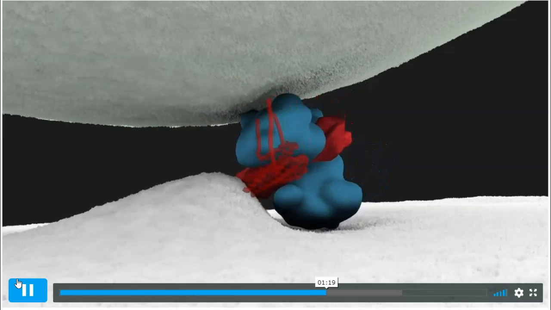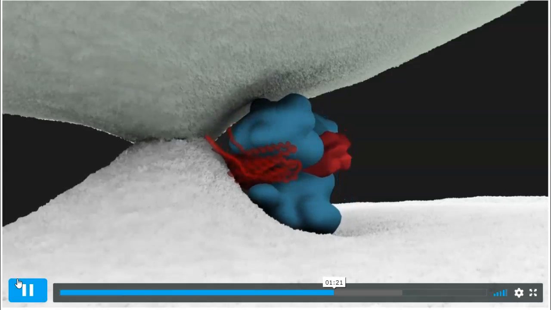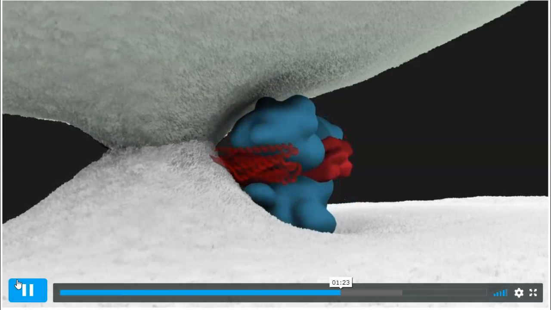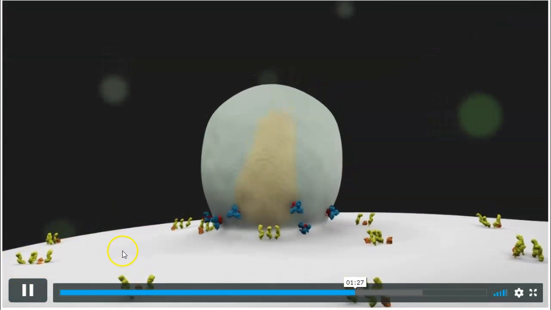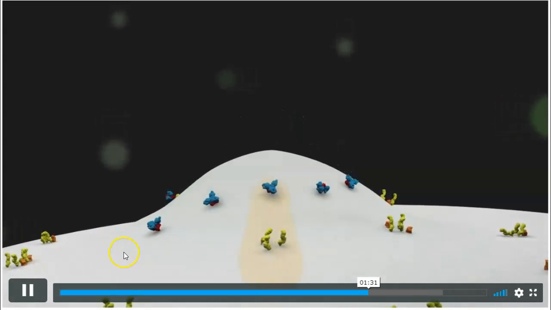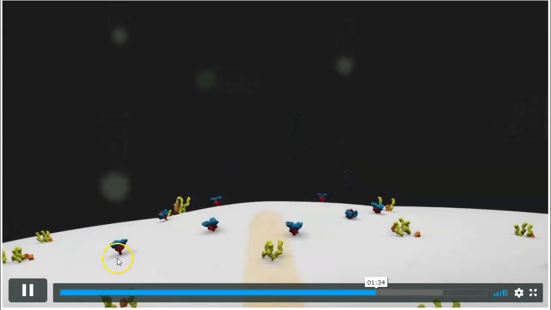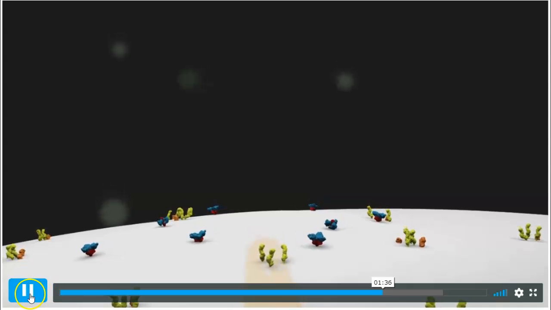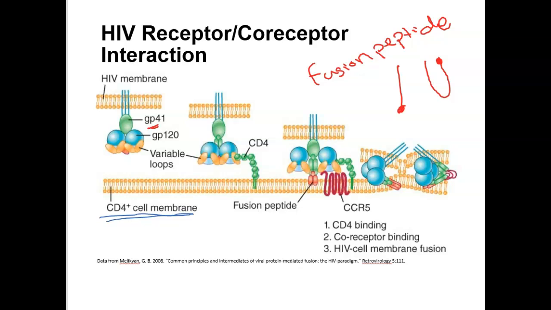GP41 folds back upon itself, and that allows for the membranes to fuse. And then the core of the virus gets dumped into the cell. So GP120 is responsible for binding and attachment, and GP41 is responsible for fusion and entry.